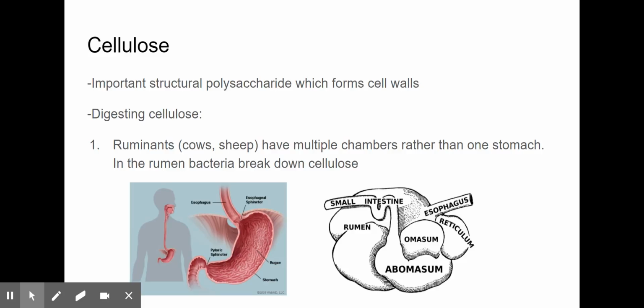Have you heard of this before? Oh, you're excited about digesting cellulose too. It's actually really cool.